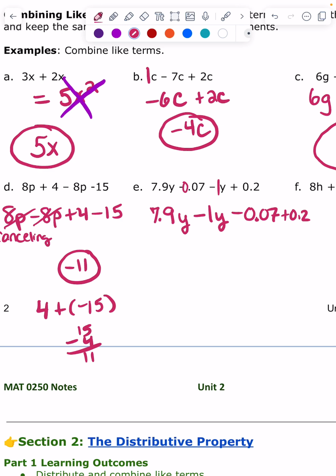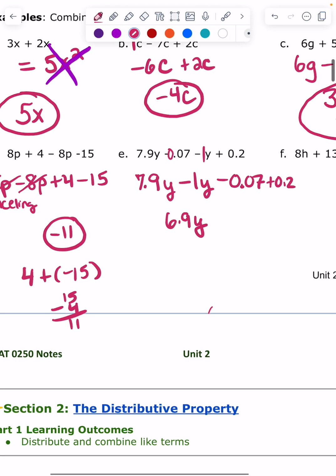So 7.9 minus 1 is 6.9. And then I'm going to keep that y that's there. And then I have a negative 0.07 plus 0.2. So if I subtract them, I'm going to come over here. I have 0.2. I'm going to put a 0 after it so I can line up the decimal, put 0.07, and subtract it.